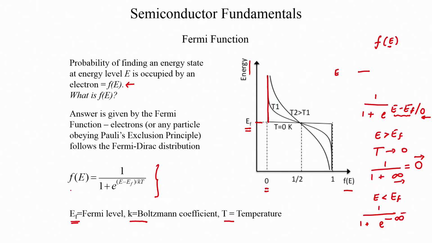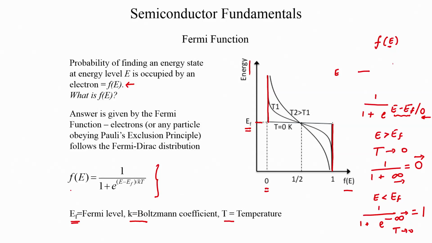So, this number starts heading towards infinity as T tends to 0, and this value now starts heading towards 1, because e to the power minus infinity is going to be 0 and you have 1 by 1, which is 1. Therefore, for all values of energy less than Ef, at T equal to 0 Kelvin, the function takes a value f of E equal to 1, and at E equal to Ef.